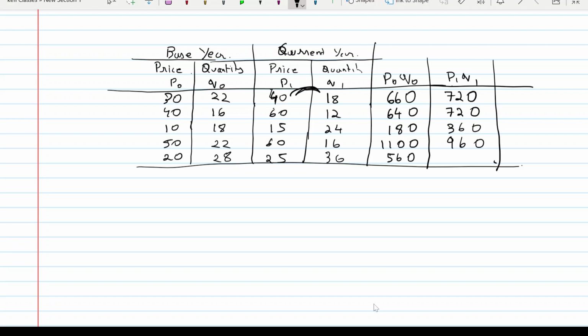And 25 into 36. पहले 25 into 12 कर लो, then into 3. 25 into 12 is 300. 300 into 3 is 900. Now we require the sum of these two terms.